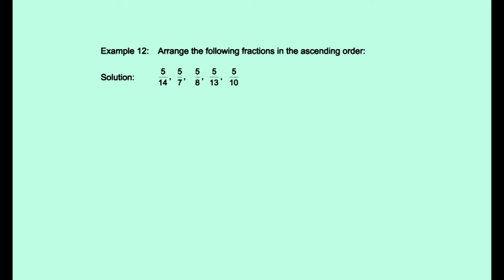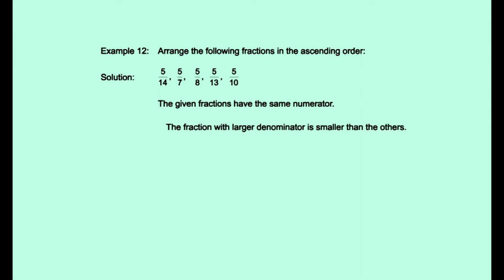Example 12. Arrange the following fractions in the ascending order. Solution. 5 by 14, 5 by 7, 5 by 8, 5 by 13, 5 by 10. The given fractions have the same numerator. The fraction with larger denominator is smaller than the others.